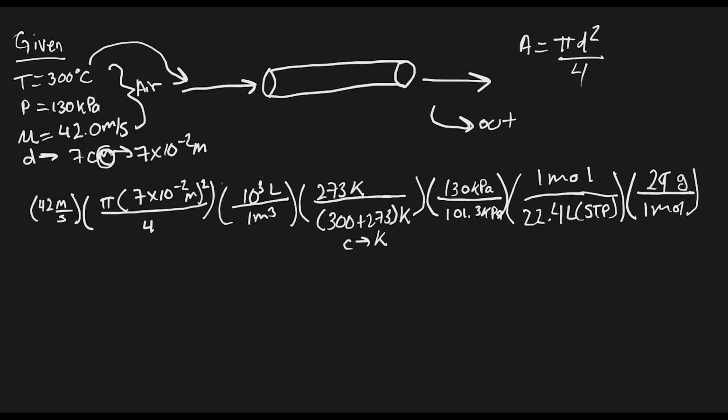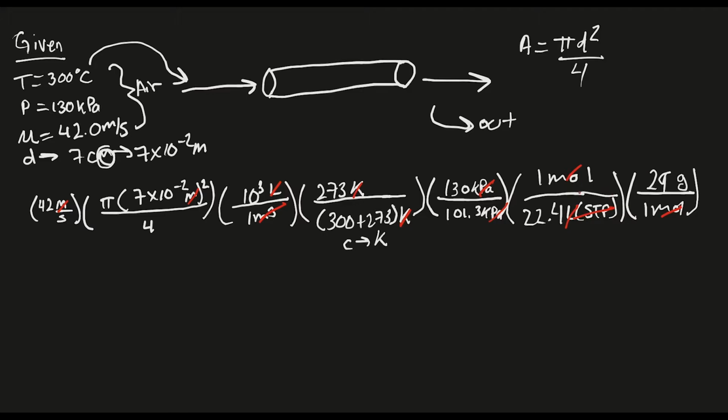We got to cancel some of these units out, right? We have m cubed here, and then we have an m here, but that one's squared, and we have an m here. Therefore, we have 3 m's at the top, right? And then we can cancel out this m cubed. We have liter here. We have liter here. And this goes with the STP. Kelvin, Kelvin, kPa, kPa, mole, mole.